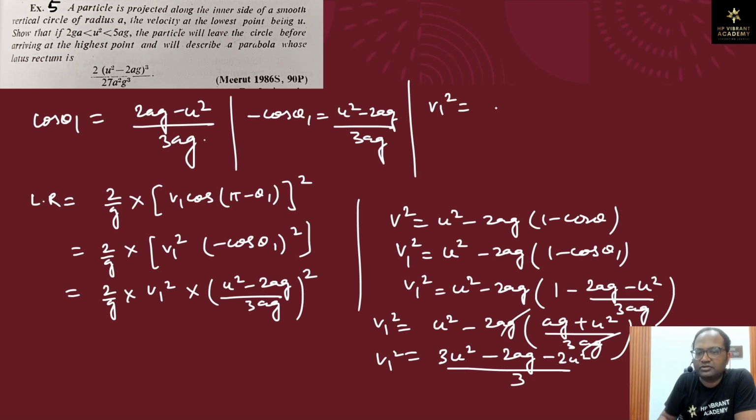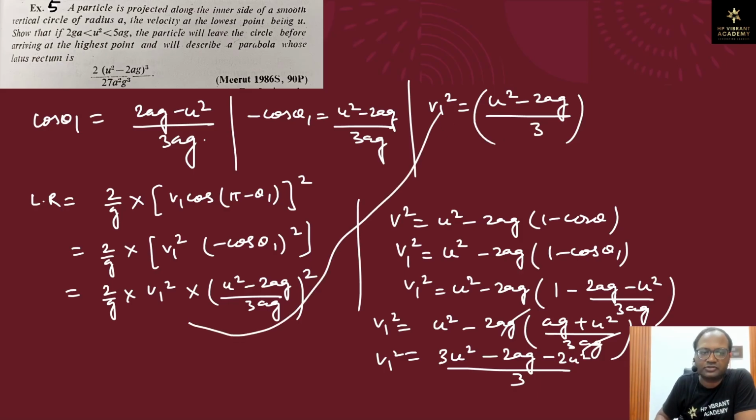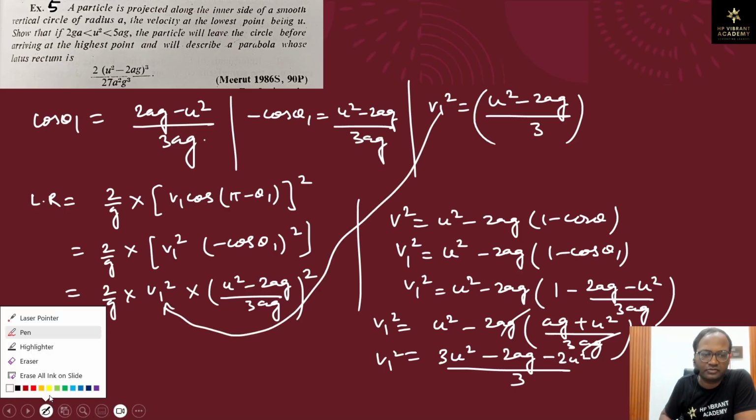So v1 square is equal to (u square minus 2ag) upon 3. Let us put this in this particular expression.